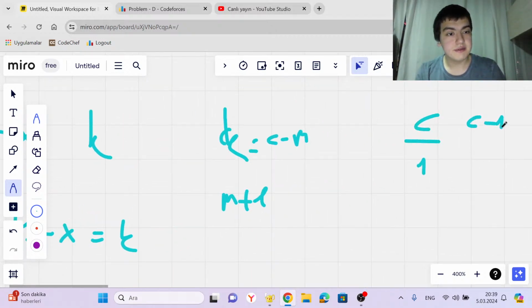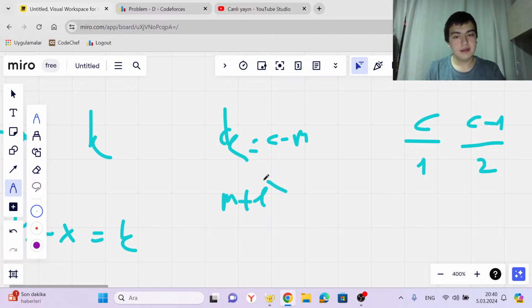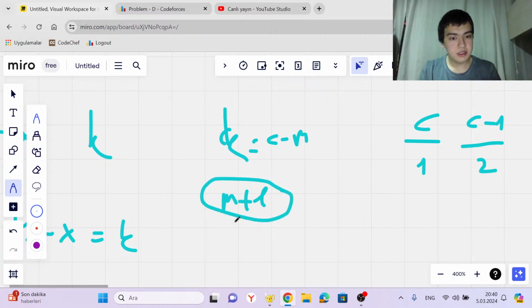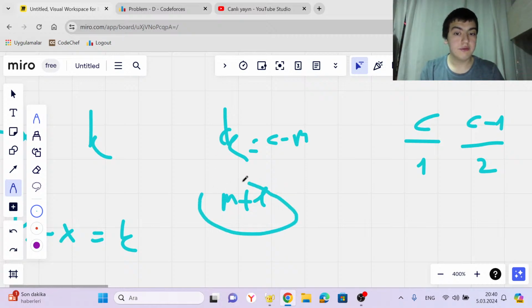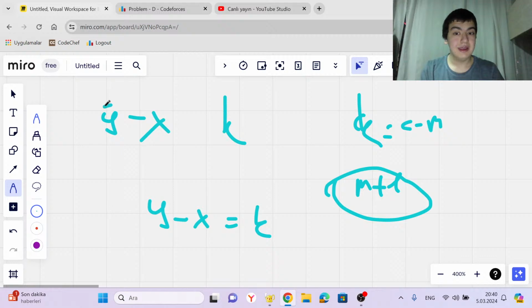In C minus 1, there are two options. So if k is C minus M, and let's think k is C minus 1, then the possible options for x plus y is M plus 1. So we can decrease M plus 1 from the answer for choosing k as y minus x.